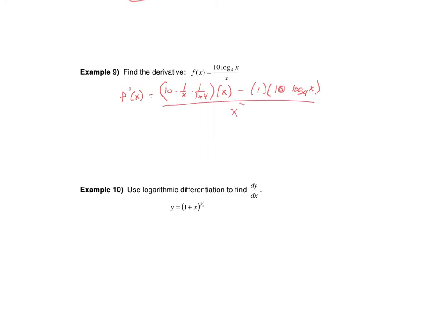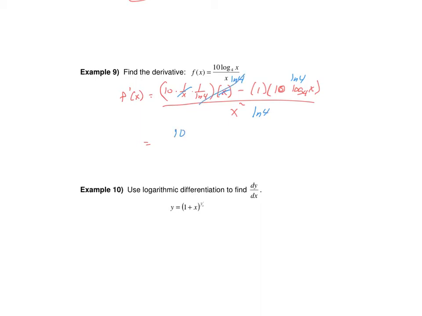All over the bottom squared. So we cannot have complex fractions here. That doesn't go away. So let's see how we can simplify. My 1 over x and x are gone. If I multiply everybody by a natural log of 4, that would get the natural log of 4 out of my first term.